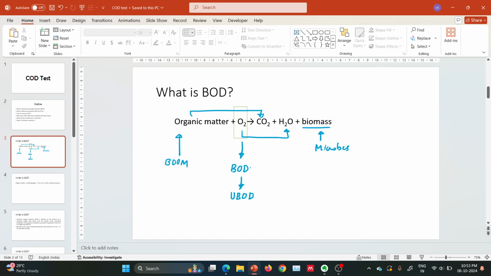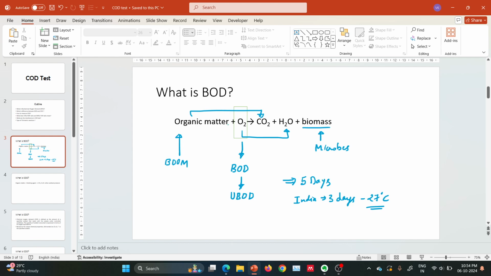To calculate this, it requires 5 days, and in India we generally calculate it in 3 days at 27 degrees Celsius.